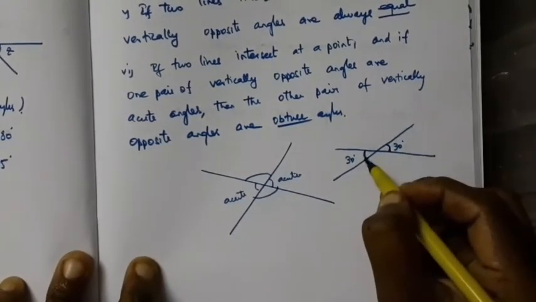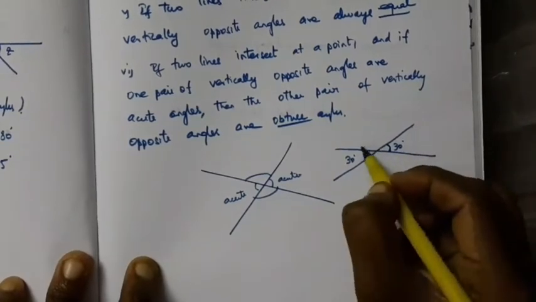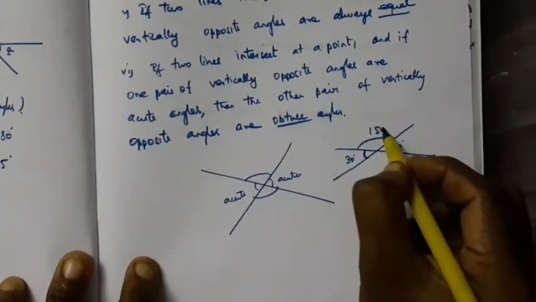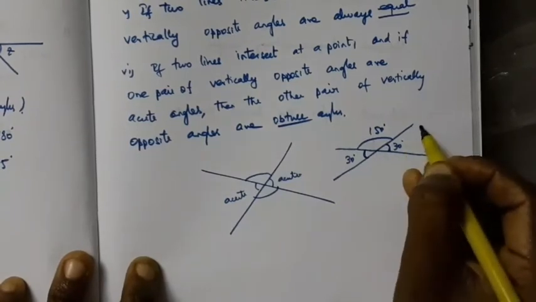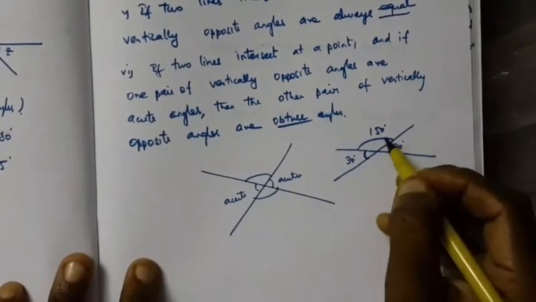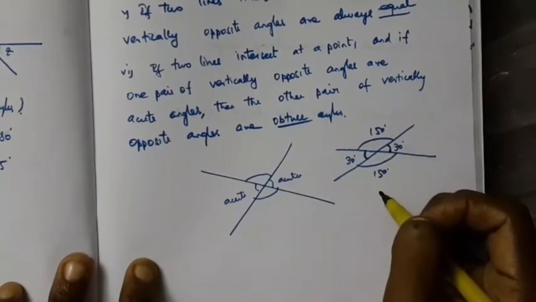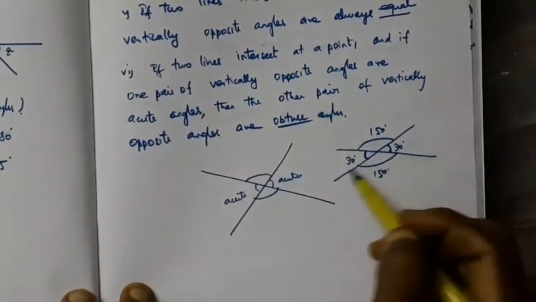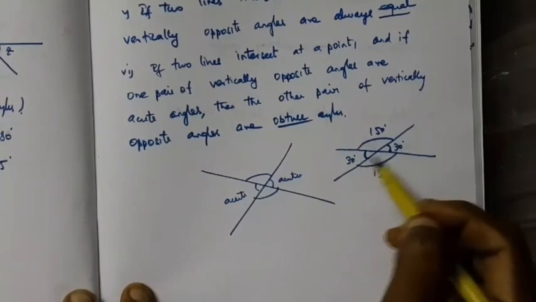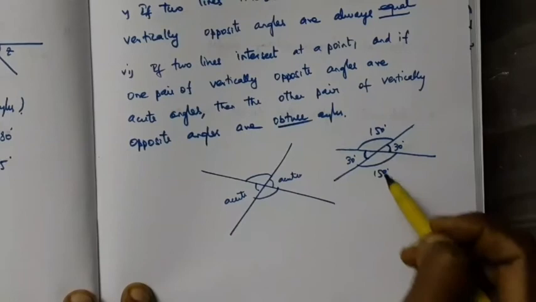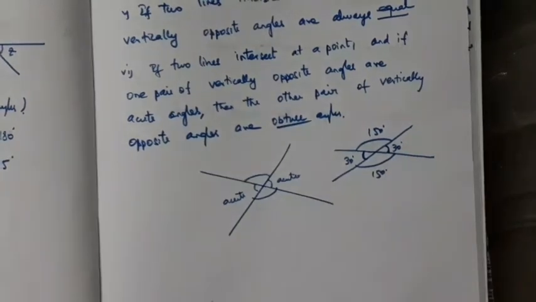This is 30 degrees. This is a straight line, and surely it should be 150, because it is a straight line. So 180 minus 30 is 150, and this side is also 150. 150 is an obtuse angle. So if two lines intersect at a point, one pair should be acute and the other pair should be obtuse.